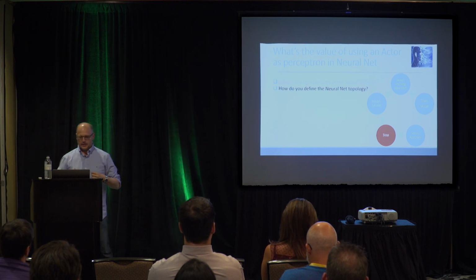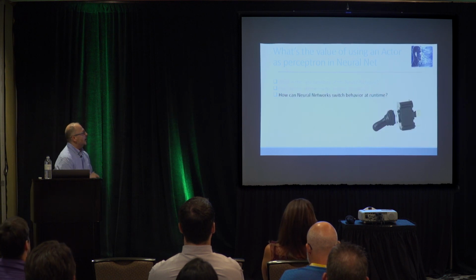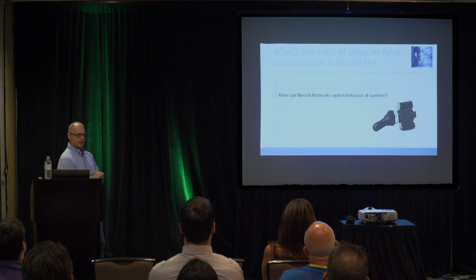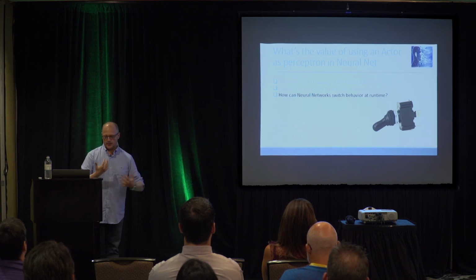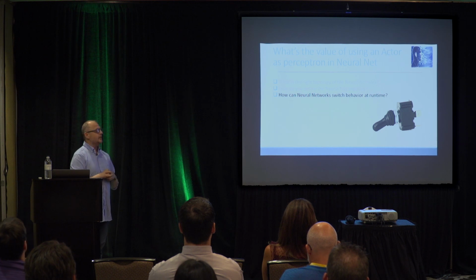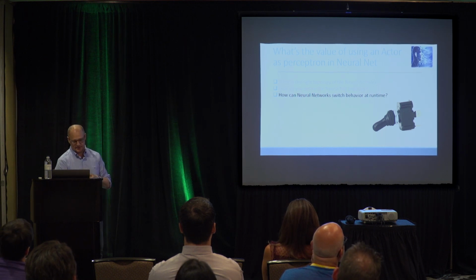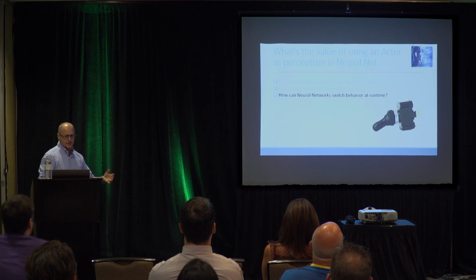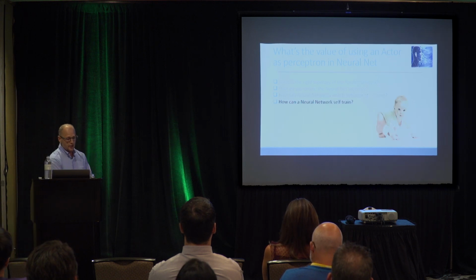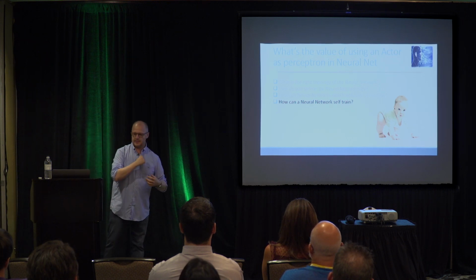How about an approach where you can change the behavior of the neural network at runtime without ever stopping? You can change the topology, add a layer, remove neurons, change the activation function, without ever stopping your system, right? And this is a great advantage because now you can really build a neural network that self-trains. Everybody says neural networks can self-train.